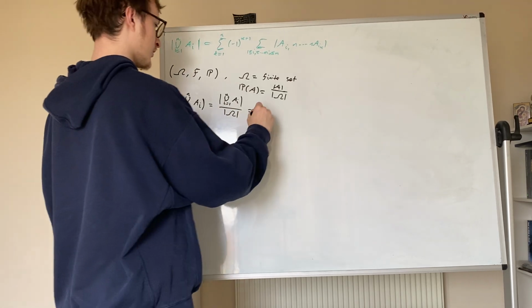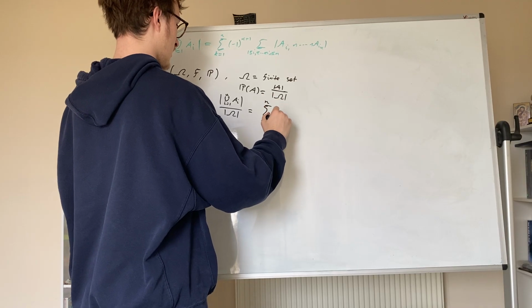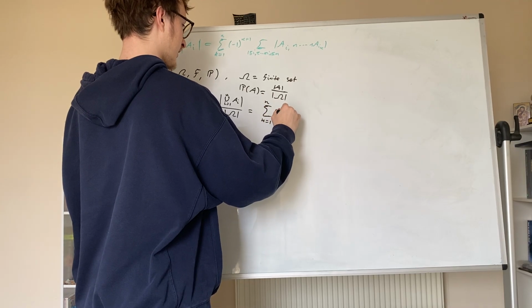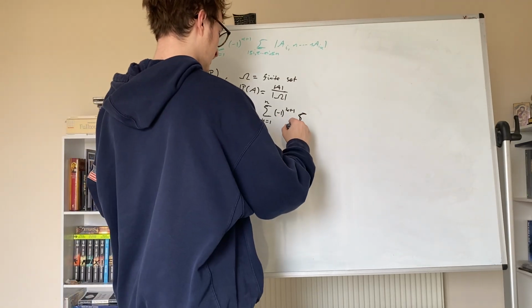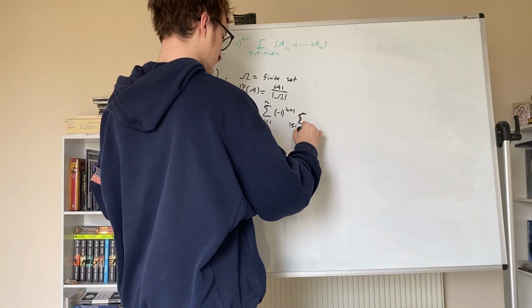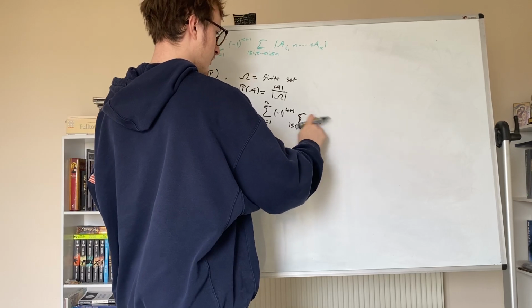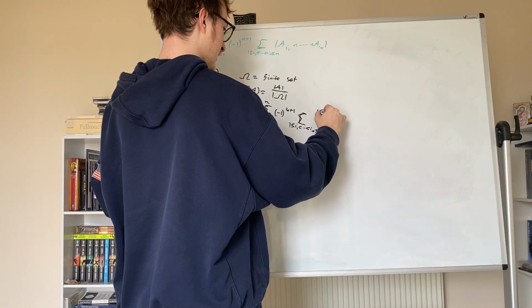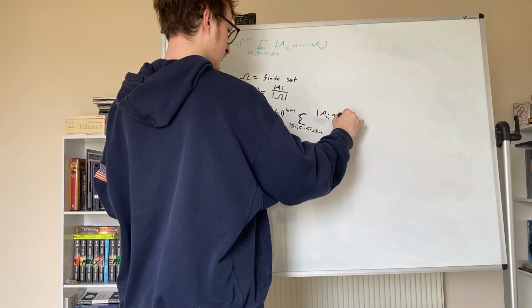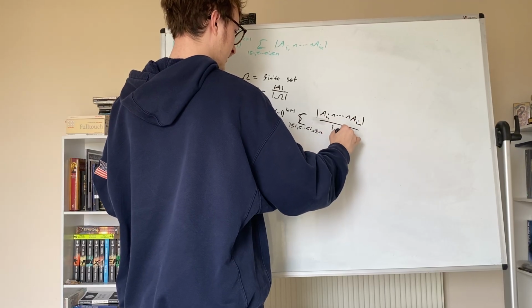This is equal to the sum from k equals 1 to n of minus 1 to the k plus 1 times the sum over the probabilities, but the probabilities are all just given by the size of the intersections, Ai1 intersect up until Aik, divided by the size of Omega.